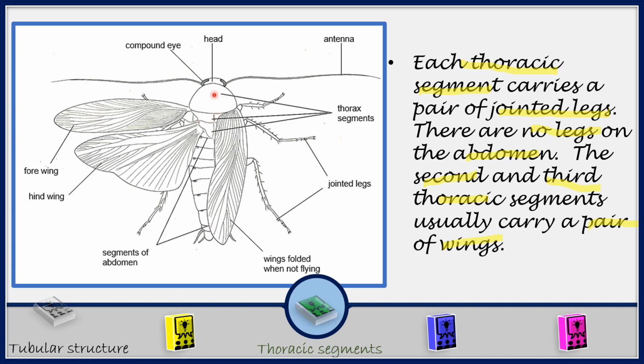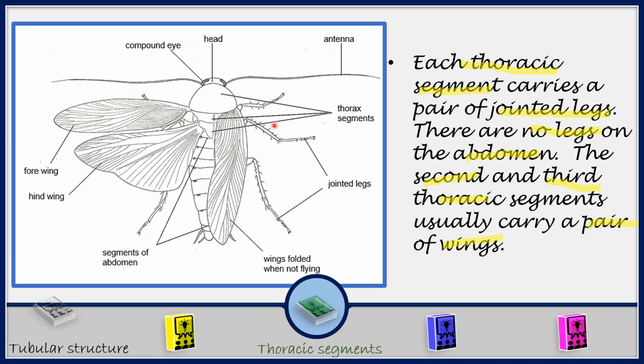We have the first segment here. It has this pair of legs, that one and the other one on the other side, which is covered by the wings. Then the second thoracic segment has got the second pair of legs, and the last one has got the third pair of legs.